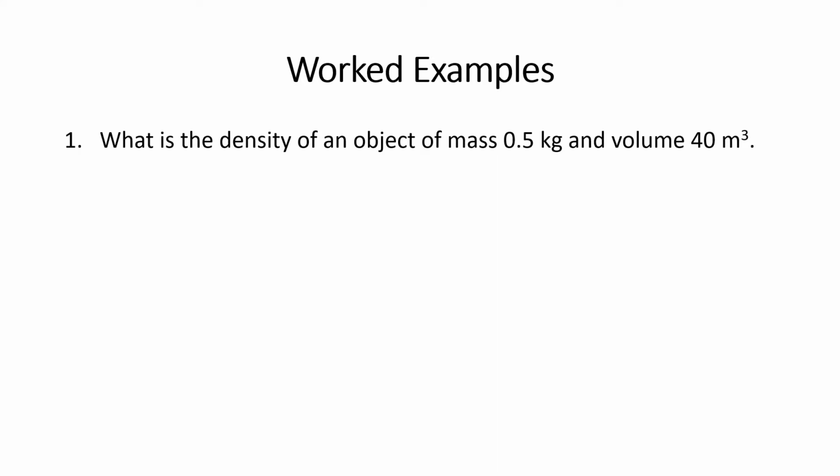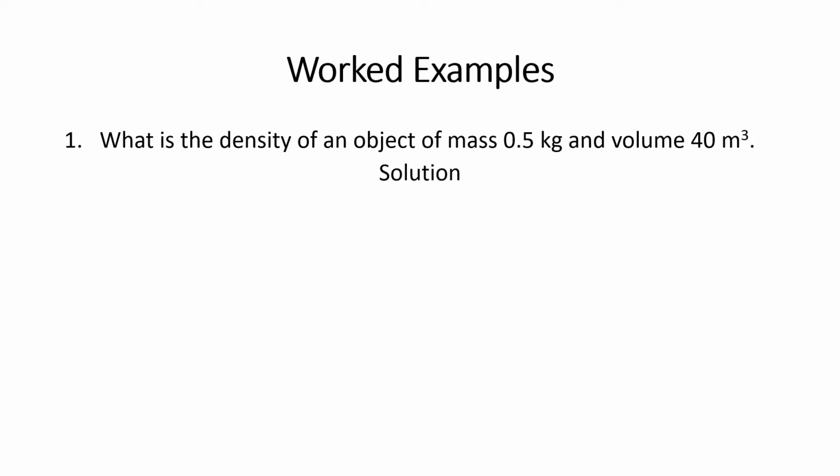What is the density of an object of mass 0.5 kg and volume 40 meter cube? In the question, mass is given and the volume is given. It is density which was not given, so we need to find the density of that object.